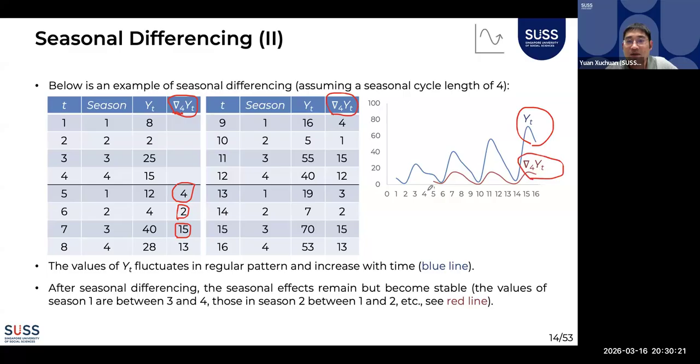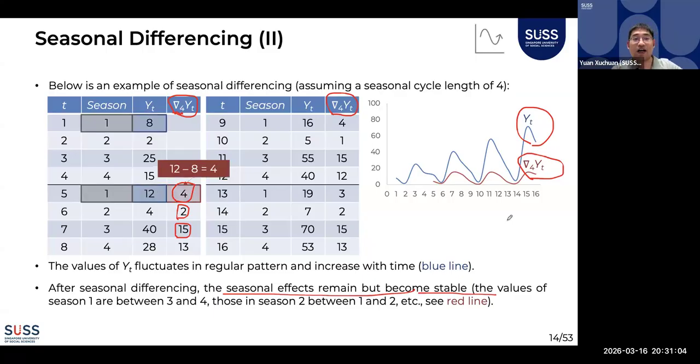You can see you lose the first 4 observations, and the variability becomes smaller, although the cycles still exist. The seasonal effect still remains but becomes stable, and the variability becomes almost constant or smaller. So this is a seasonal difference.